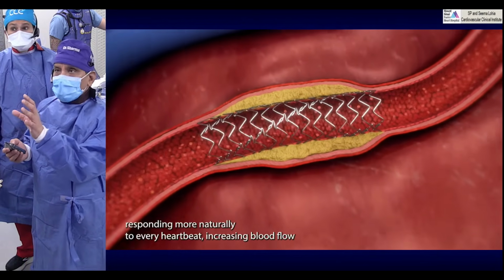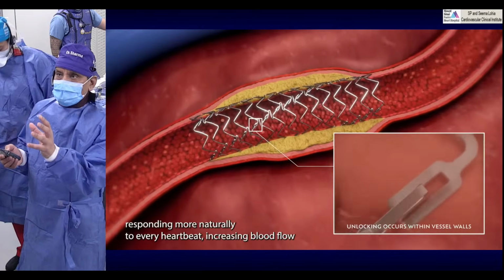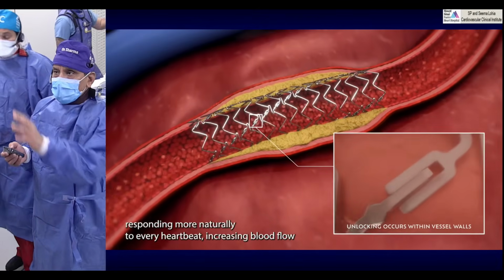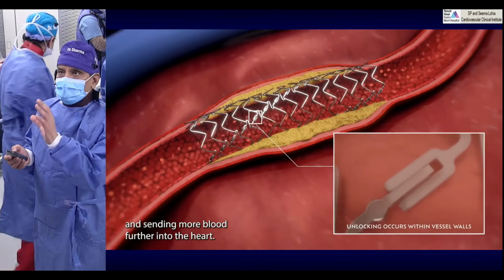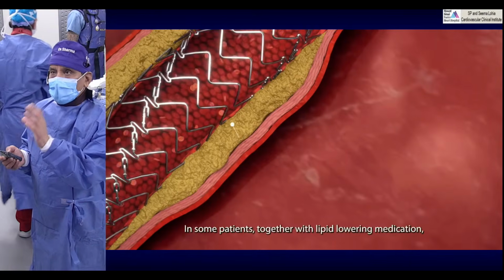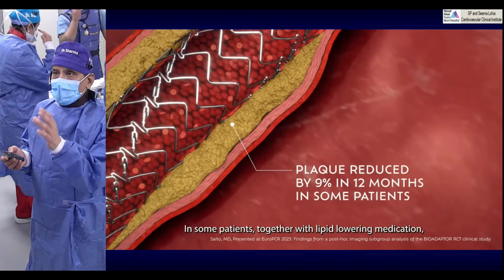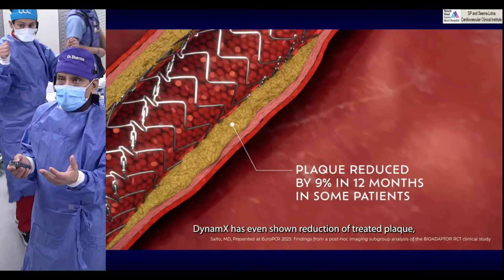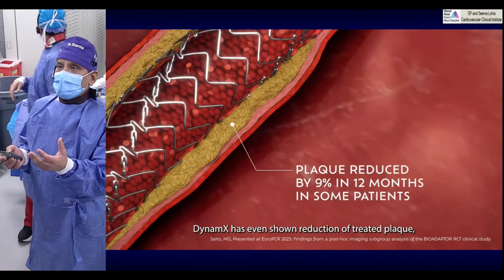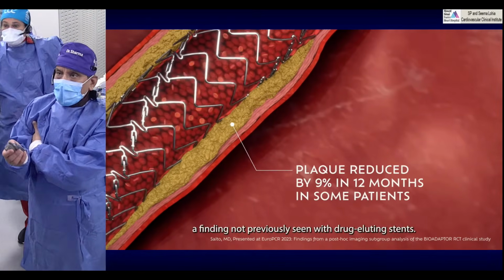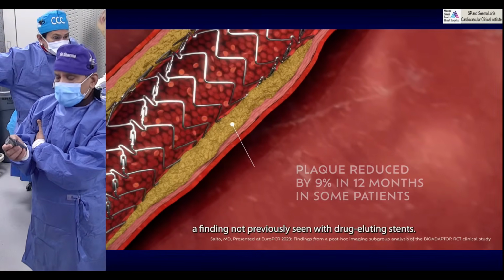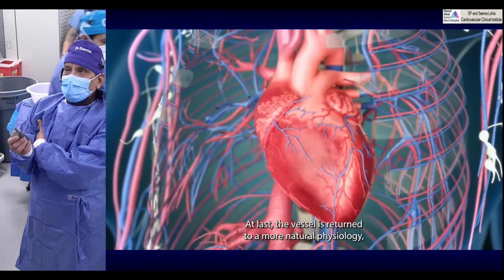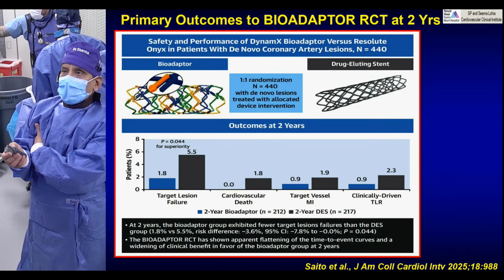But this is the same kind of concept, but still remains metal. And this is unlocking within the vessel wall. And this is the proprietary mechanism which led to this device, which has been very successful. Plaque reduced, there is positive remodeling in many patients using the Bioadapter. And the concept, as I mentioned, is that people like to have vascular pulsatility.